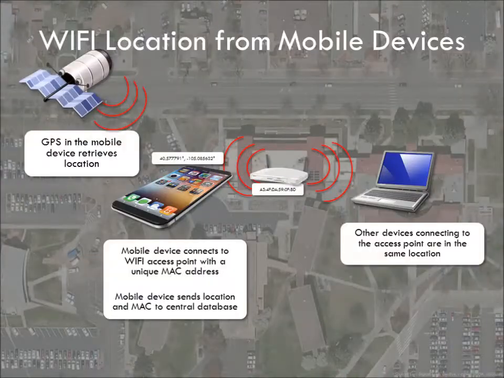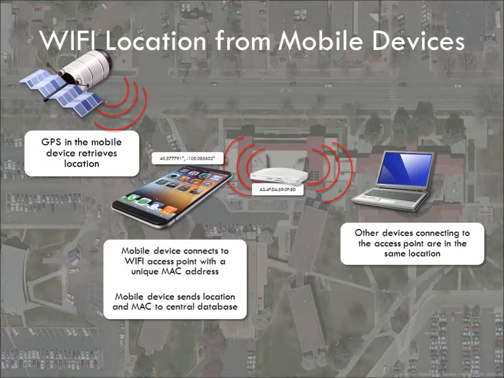A fourth method of determining the location of a network device involves locating Wi-Fi locations with mobile devices or GPS devices. This is an interesting technique that uses modern GPS technologies that are in cell phones primarily. And it works like this. A phone with a GPS finds its location from a GPS satellite.